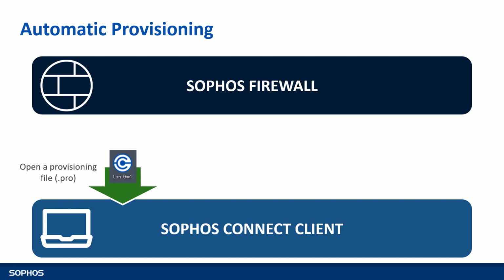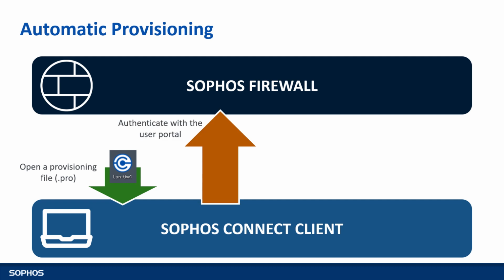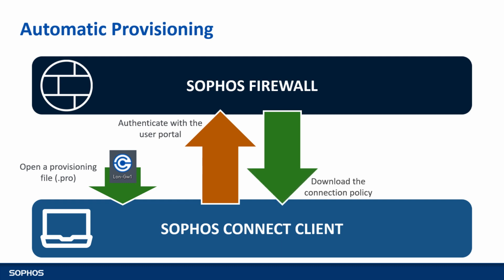When this provisioning file is imported into Sophos Connect, it will attempt to go out to the Sophos Firewall, connecting to the user portal, and will ask the user to authenticate with their credentials. The Sophos Connect client, after authentication, can then download the connection policy, and it will use this policy to configure Sophos Connect and then establish the VPN connection.